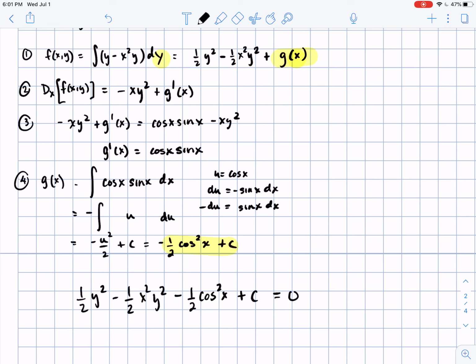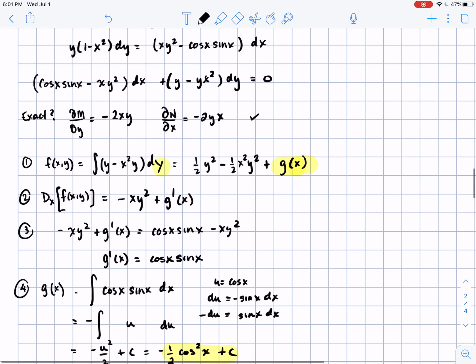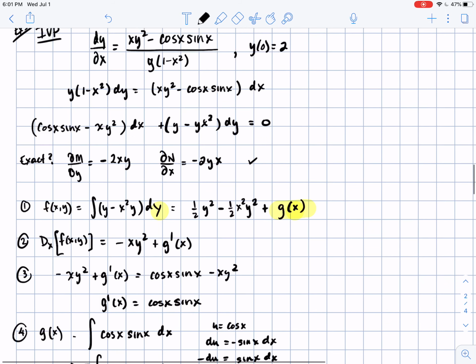Now, this was an initial value problem, so I know it's a little lengthy, but let's go back up. What was our initial value? It was y of 0 is 2.